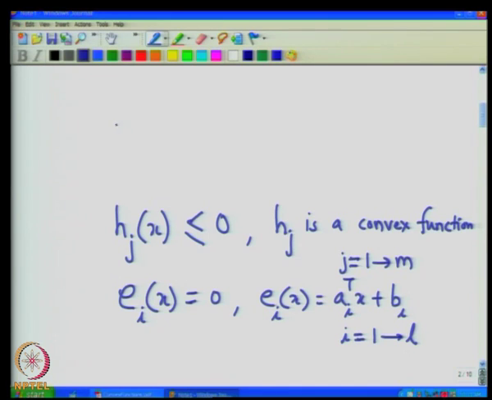Right. So, let us consider a problem where we want to minimize a function f(x) subject to the constraints Hj(x) less than or equal to 0 and Ei(x) equal to 0, where each Hj is a convex function and Ei's are affine functions. Now, let us assume that f is also a convex function.